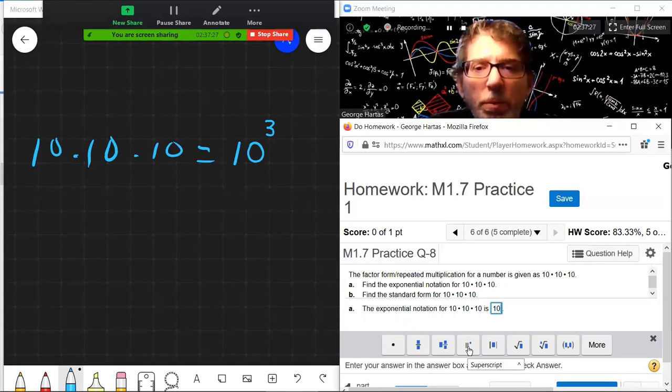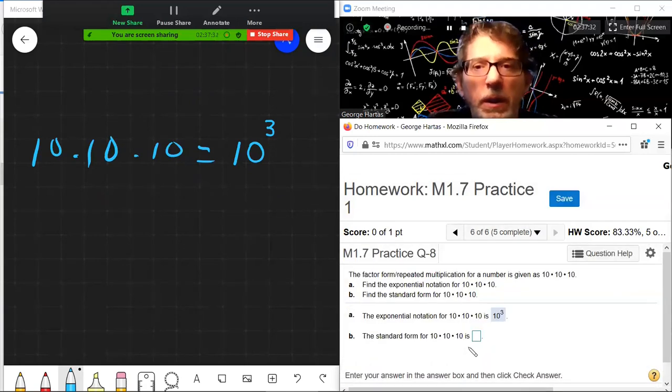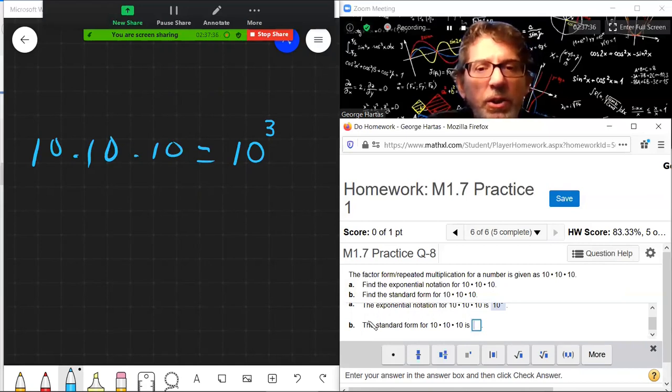Click your superscript and then put 3. And part B to this problem. The standard form for 10 times 10 times 10 is, again, here standard form in this context means simplify, evaluate, or what is the answer of 10 times 10 times 10.